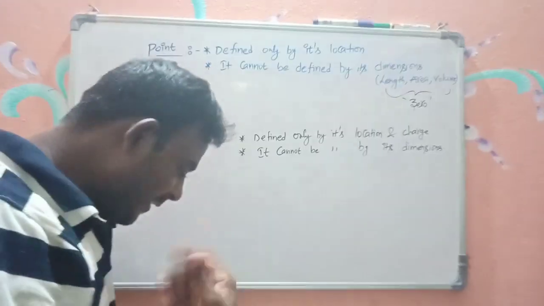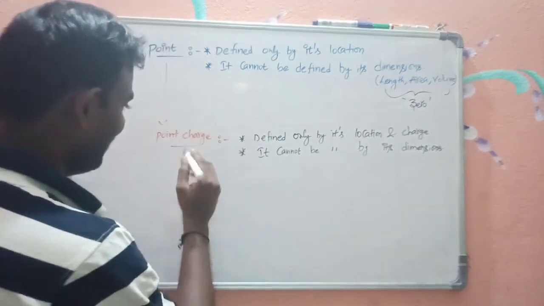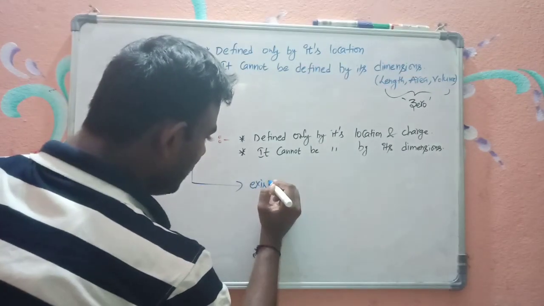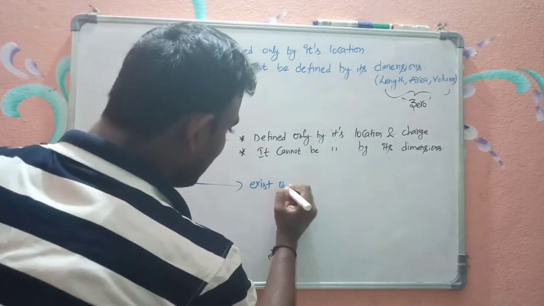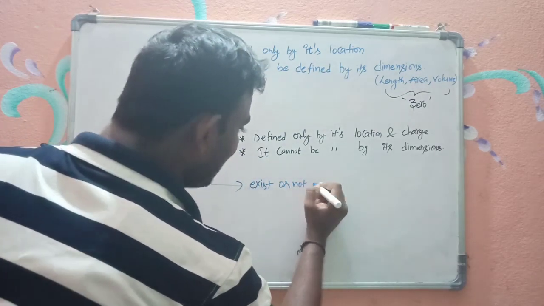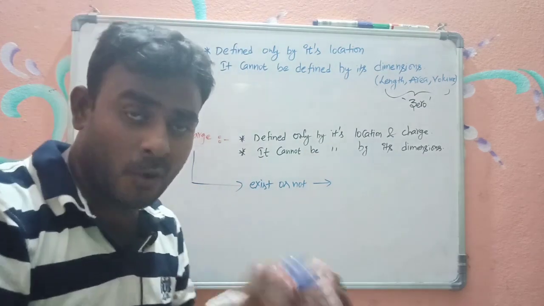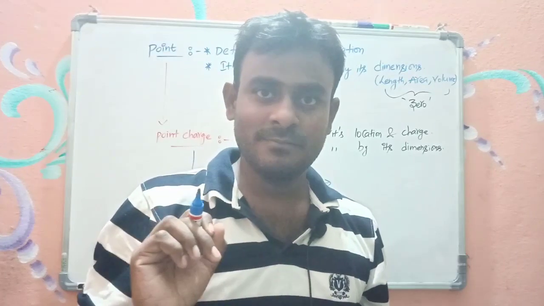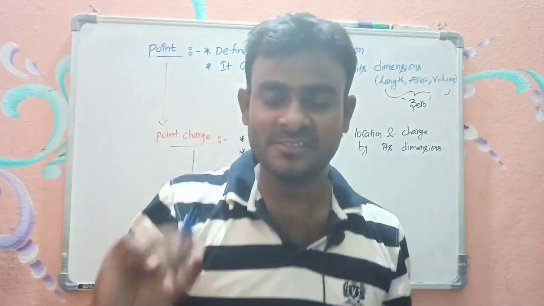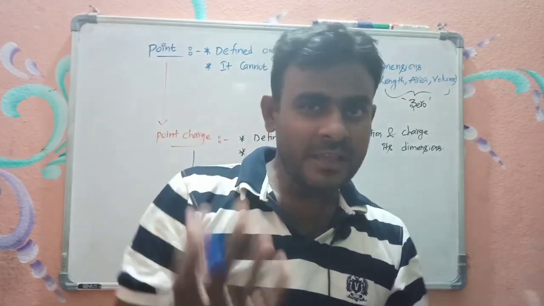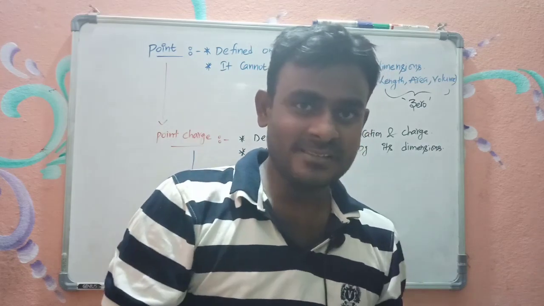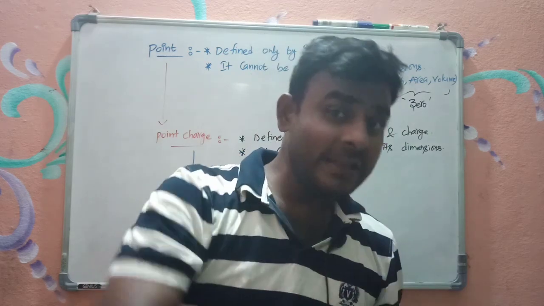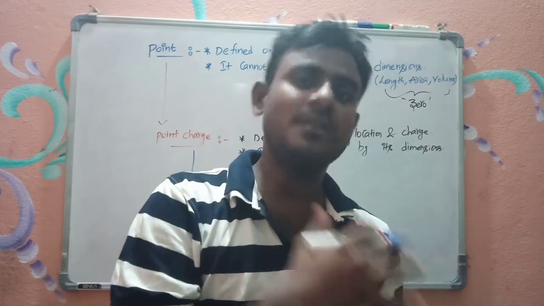Now what we need to understand is whether these point charges exist or not. What is the answer to this question? Whether the point charges exist or not. Actually, practically speaking, there are no point charges, but we can consider some of the charges as point charges by taking into consideration the properties of a point charge.